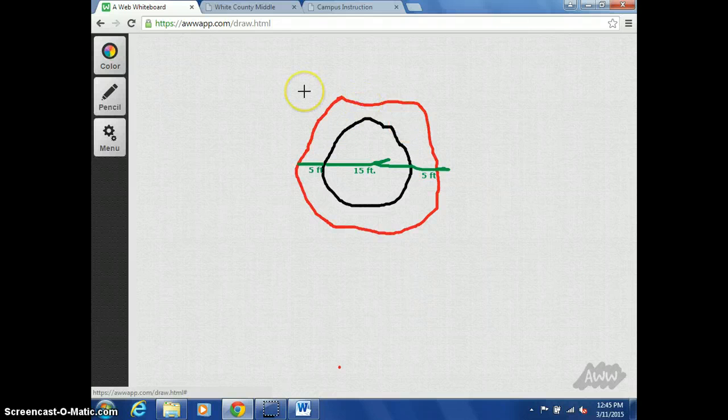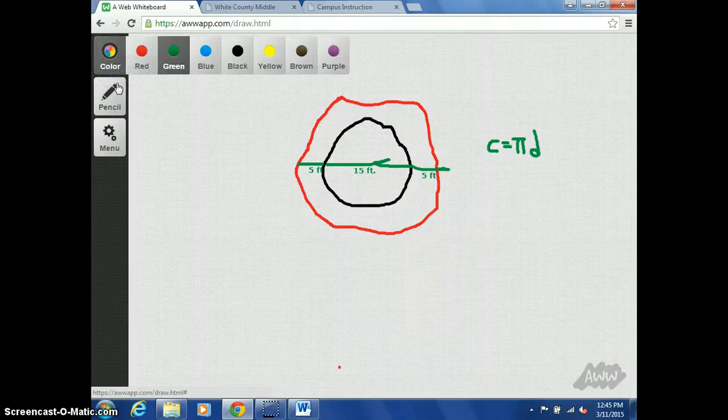So which are we finding with the fence? The circumference. So on your blue sheet, you should see the formula for circumference of a circle. Circumference equals pi times diameter.